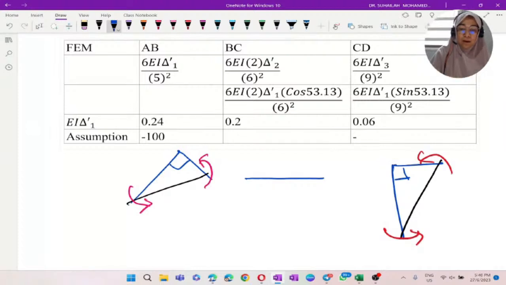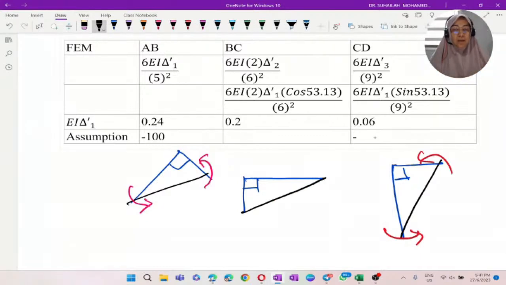And the delta is vertical. So the new position of beam is this. Okay, new position of beam is the black one. So the moment, means that we have to push this point and push this point so that it will move back to horizontal.